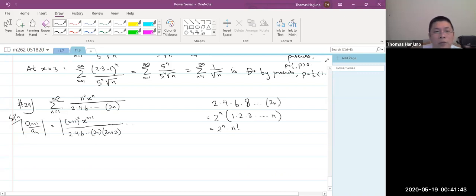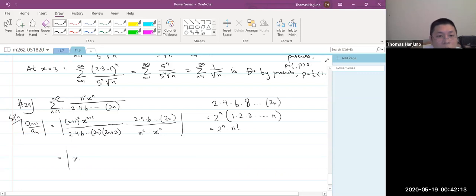And then 2, 4, 6 all the way to 2n only over n squared x to the n. Simplify, I get only x.